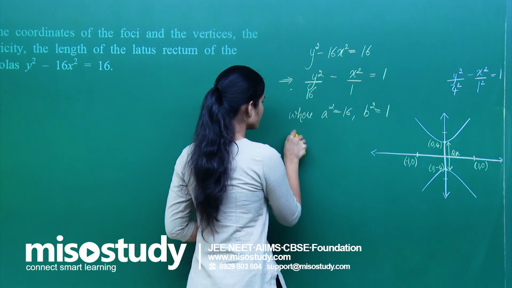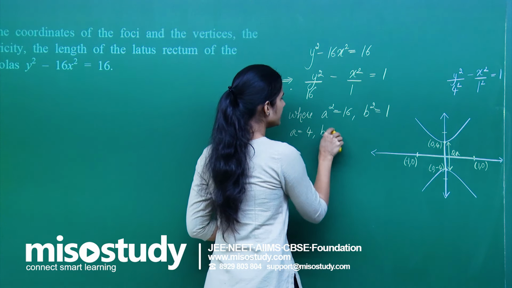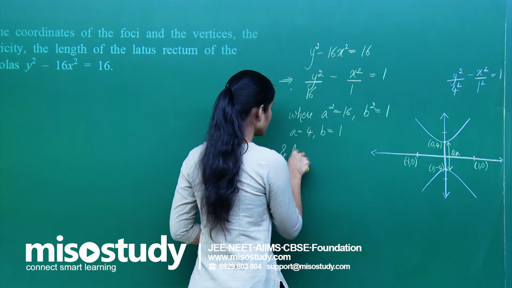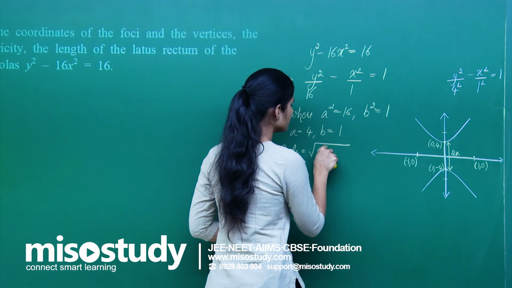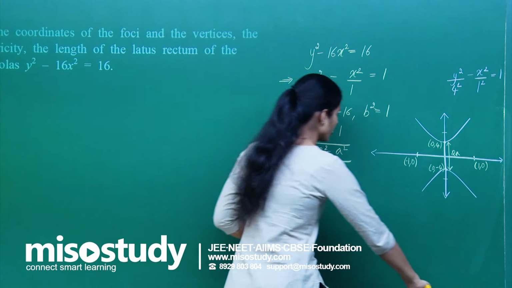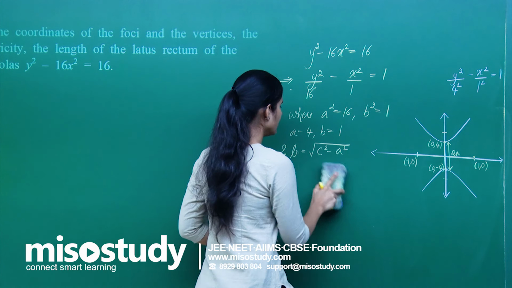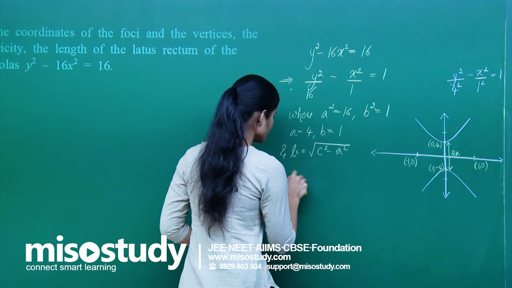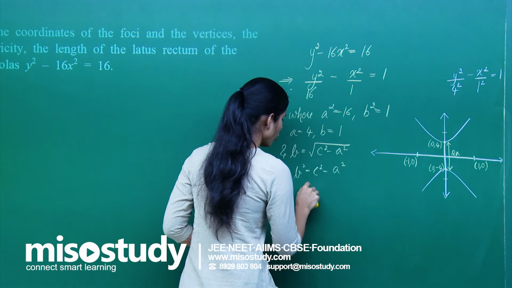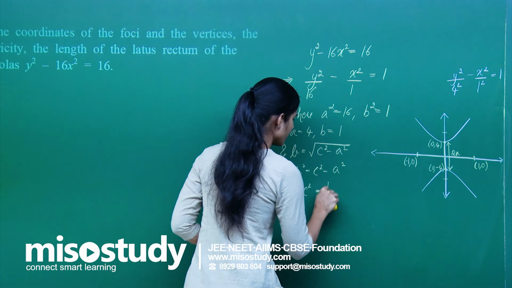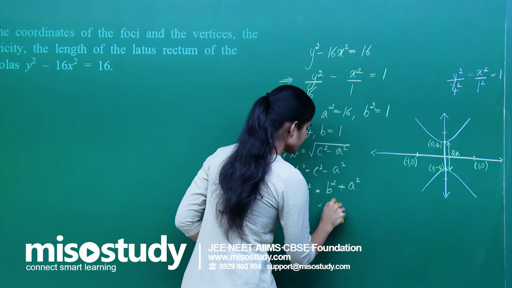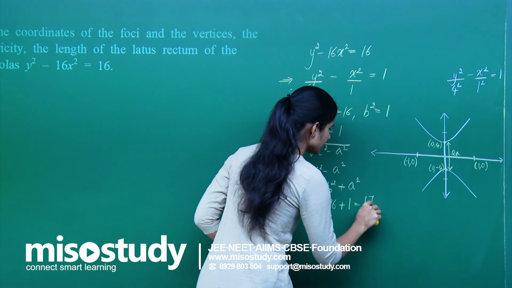So if your a is 4, b is 1, I know in this hyperbola b is defined as under root c² - a². I don't know what is c, so I'll write b² = c² - a², or c² = b² + a². b² is 1, a² is 16, so this is 17.